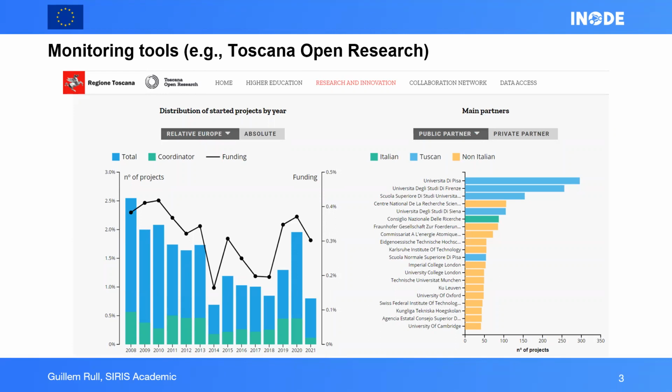For example, this is an example that we did for the Toscana region in Italy, and these particular visualizations show the evolution of research projects funded by the EU over time, so how many projects they got and the funding, and also a ranking of the top public and private partners that the region has had. So this is the kind of thing that we do.